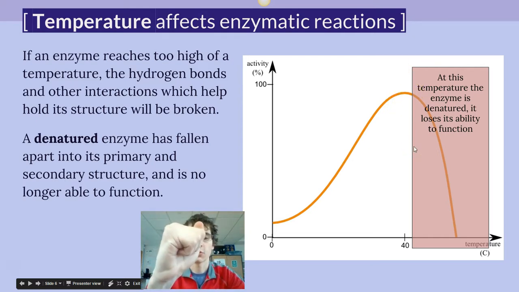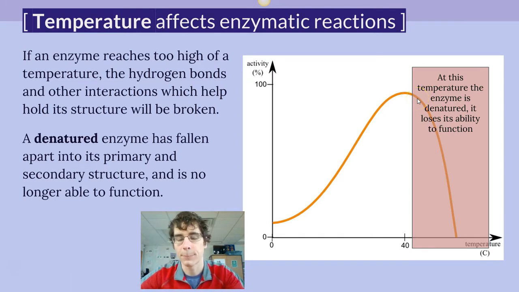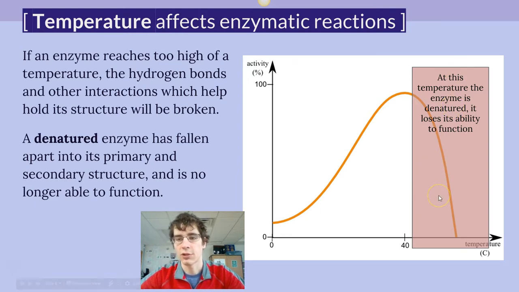It goes from functioning to not functioning. And when that happens, it can no longer catalyze the reaction. So its activity plummets. So at around 40, 50 degrees, this enzyme is going to denature and lose its ability to function. Temperature affects enzymatic reactions on a slope like this.